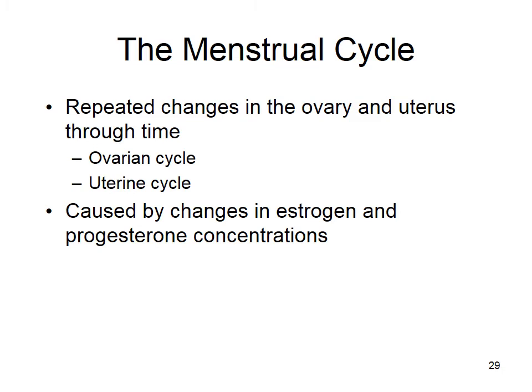The ovarian cycle drives the uterine cycle. The ovarian cycle is what causes changes in estrogen and progesterone concentrations, because the ovaries are the gonads, and they produce the sex hormones, which in females are estrogen and progesterone.